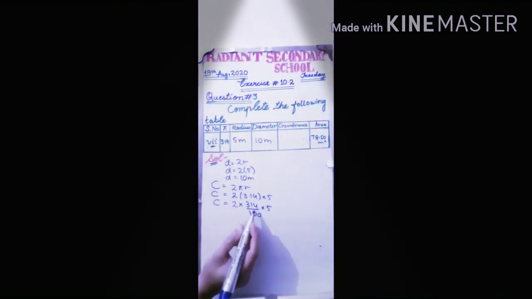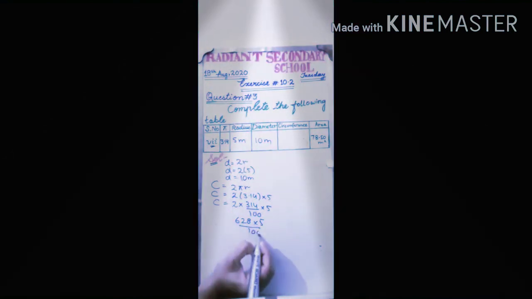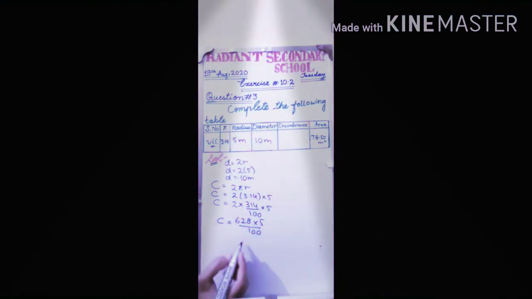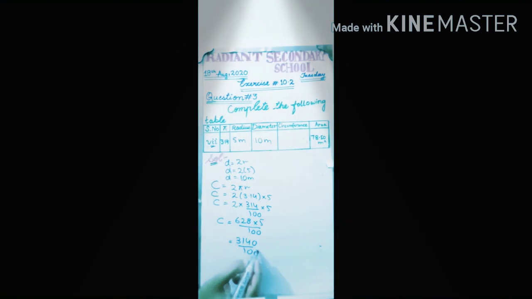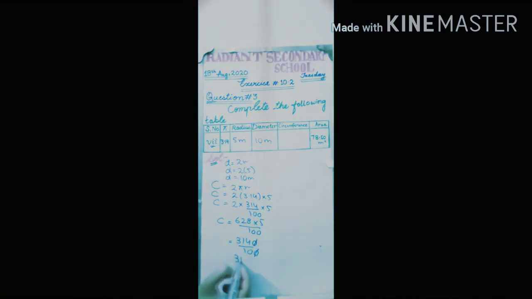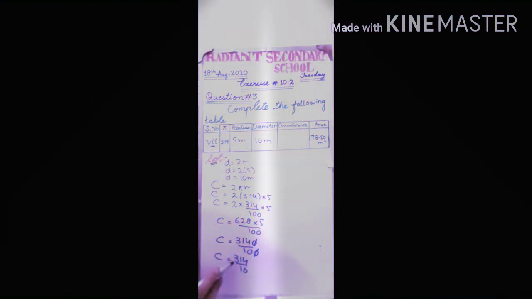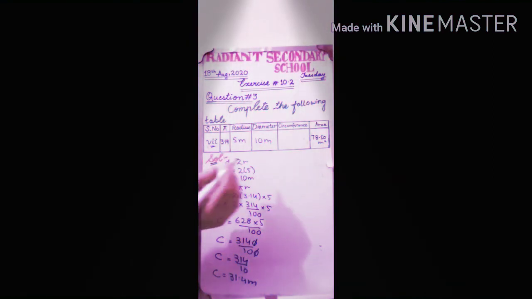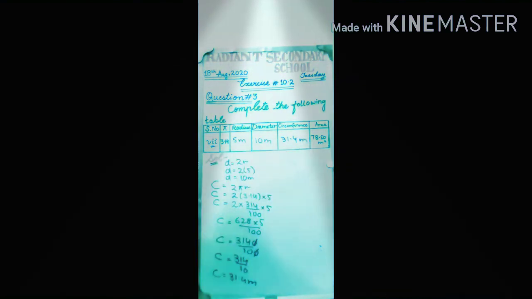Now 2 multiplied by 314, the answer will become 628 multiplied by 5 over 100. 628 multiplied by 5, the answer will become 3140 over 100. Okay. Now this 0 will be cut with this one. 314 by 10 is remaining. Now when we divide 314 by 10, the answer will become 31.4 meter. Okay. That is our circumference. So you have to write 31.4 meter.